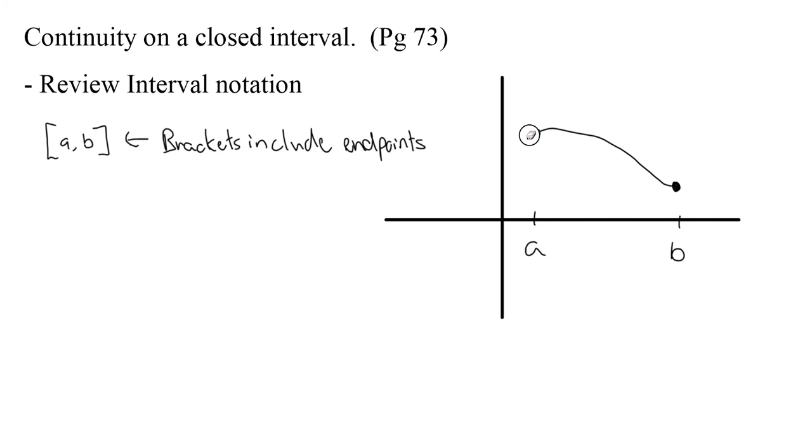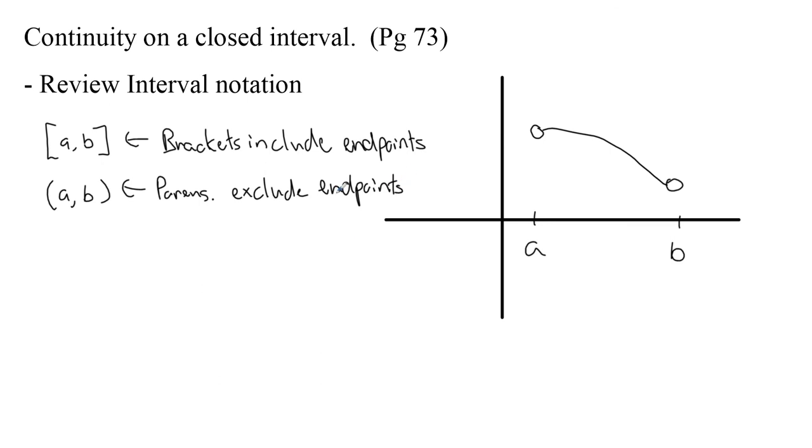And so if I got rid of these two dots here at the end and I put circles there, we would change it and call this A to B like that. Parentheses exclude endpoints.